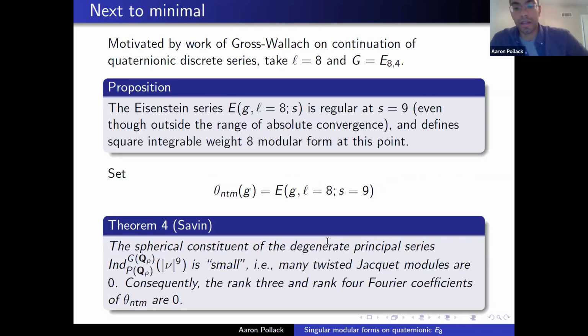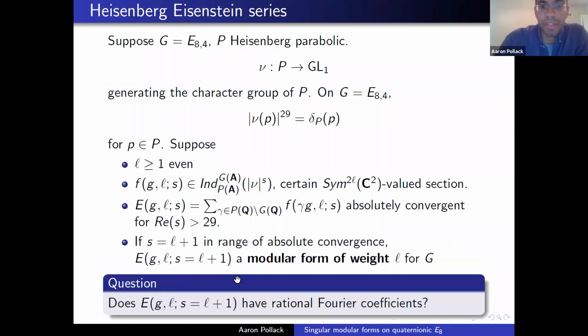That's in the range of absolute convergence, but to get this next to minimal modular form, you take a point that's outside the range of absolute convergence. Fix L to be 8, motivated by work of Gross and Wallach, and then you look at this Eisenstein series that I've defined here.